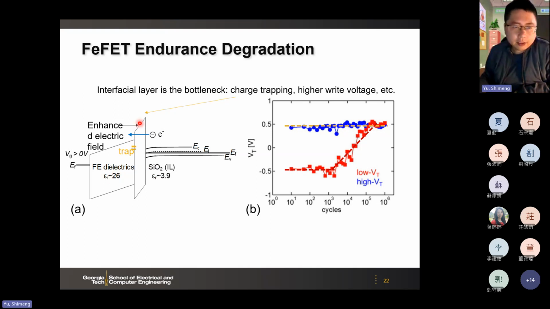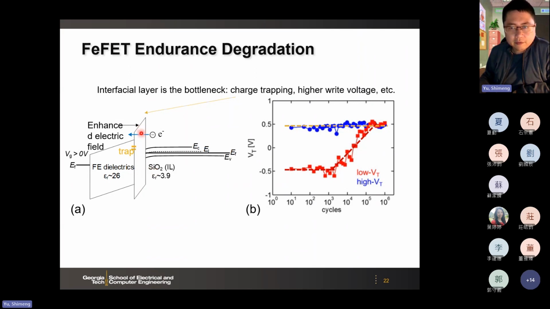So here, then if you look at it as two capacitors in series, you will figure out that the most of the electric field will drop on this lower capacitance, the lower dielectric constant material. So that means most of the voltage you apply from the gate will drop on the silicon dioxide instead of the ferroelectric.